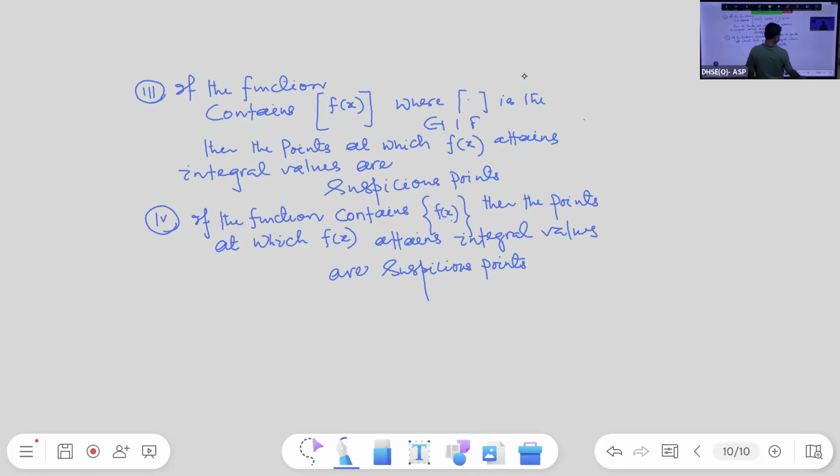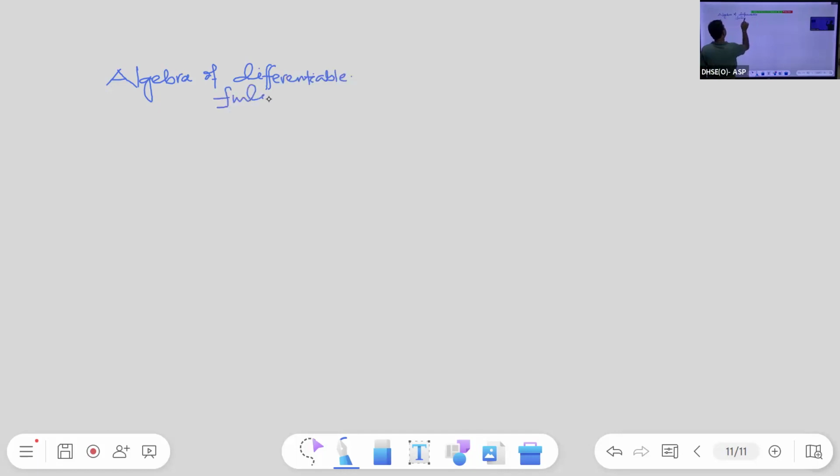Okay. So let's come to the next topic, that is the algebra of differentiable functions. Algebra of differentiable functions.